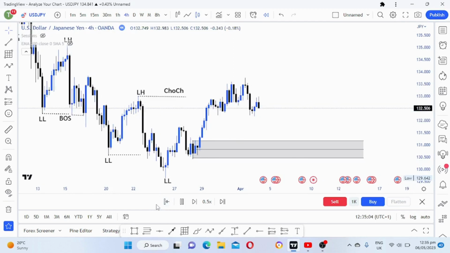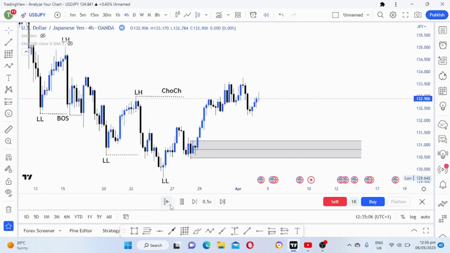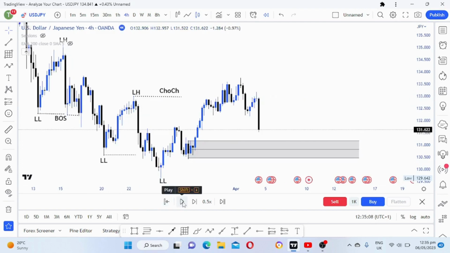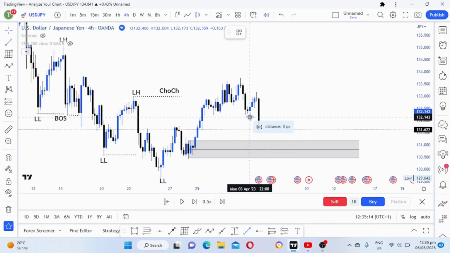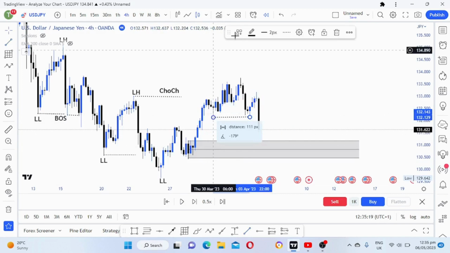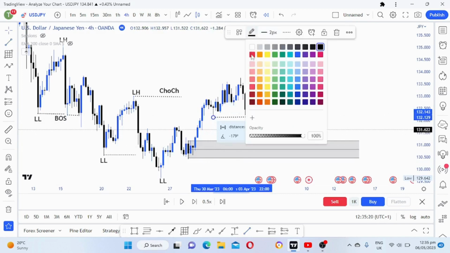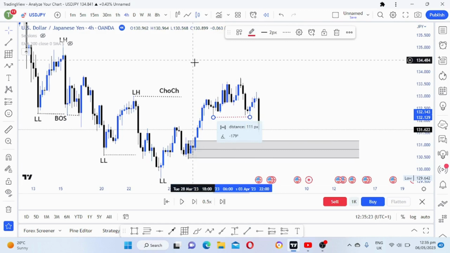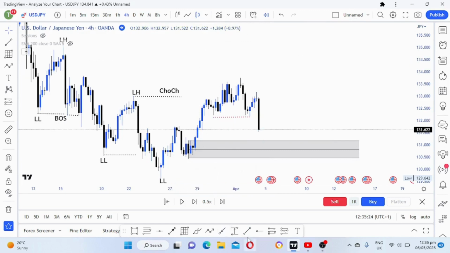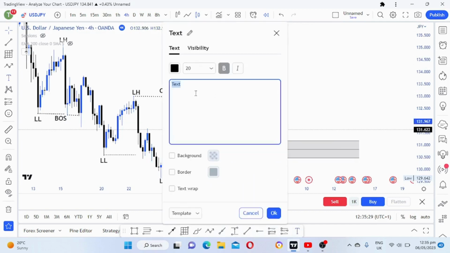That is our first inducement. Now what do I do now? This one shows that we have our equal lows here. Equal lows mean there is liquidity below these equal lows.